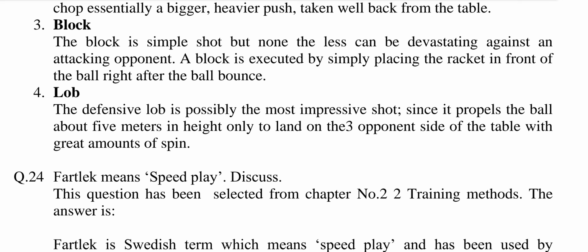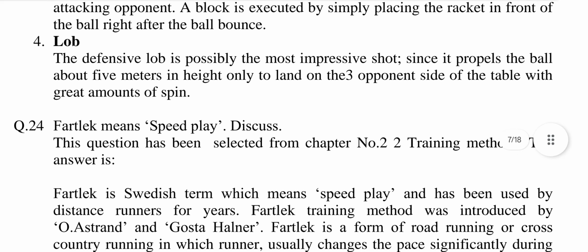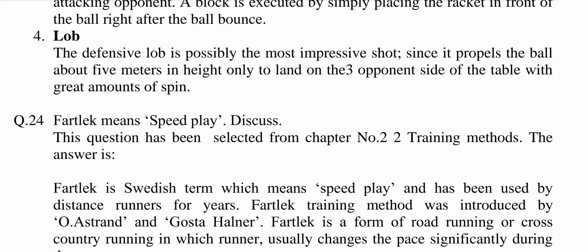A block is executed by simply placing the racket in front of the ball right from the ball bounce. Number 4, lob. The defensive lob is possibly the most impressive shot since it propels the ball about 5 meters in height only to land on the opponent side of the table with great amounts of spin.